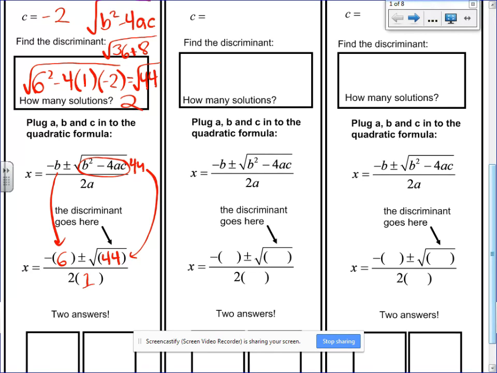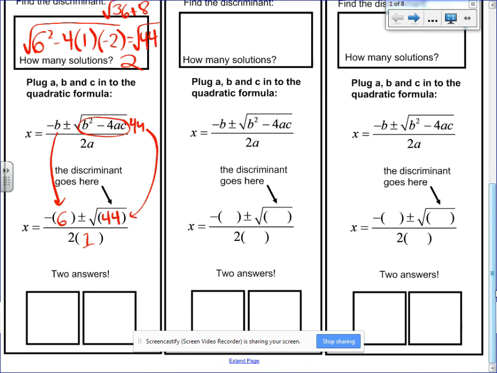So now I just pull out my calculator, and I get 2 answers for this. My 2 answers come from the opposite of 6 plus the square root of 44 all over 2, and the opposite of 6 minus the square root of 44 all over 2.